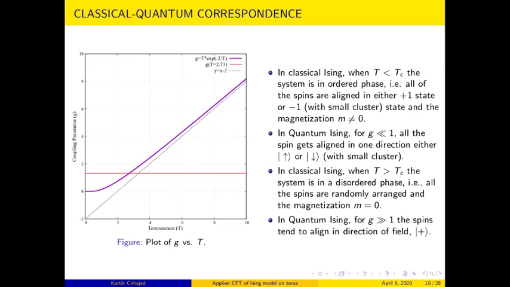Whereas in the quantum Ising model, when the coupling parameter g is very large, all the spins try to align in the Sx plus direction. And from quantum mechanics we know that if I measure Sz for an Sx plus spin, there is equal probability of finding Sz plus and Sz minus, which leads to magnetization 0.